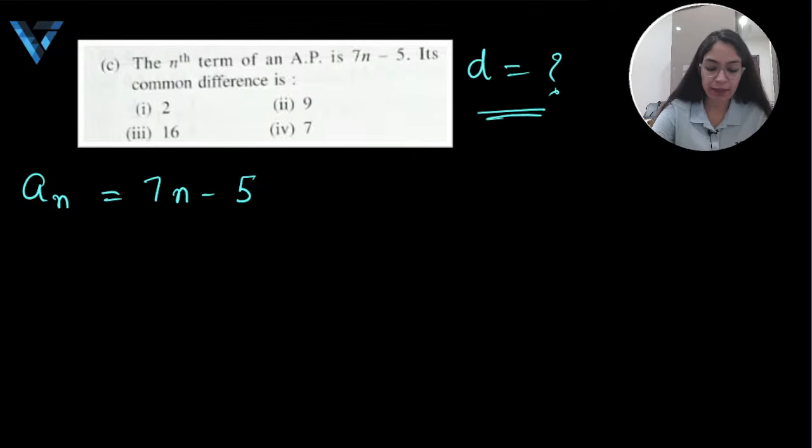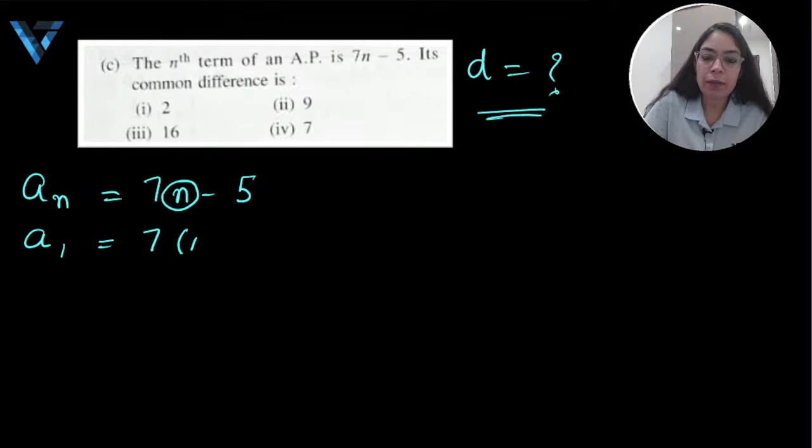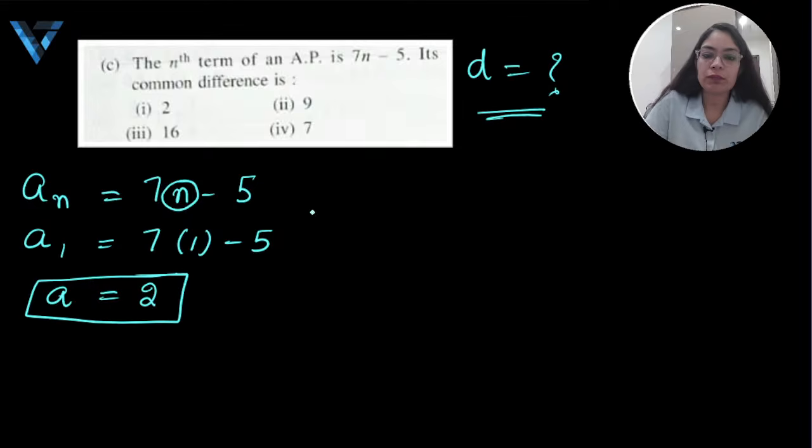A2 minus A1. Yes. The second term minus the first term. This is what we always do. So let's find the first and second terms. The first term is A1. A1 is equals to, n's value 1 we can write here, so 7 into 1 minus 5. 7 into 1 is 7, minus 5, so A1 is equals to 2.